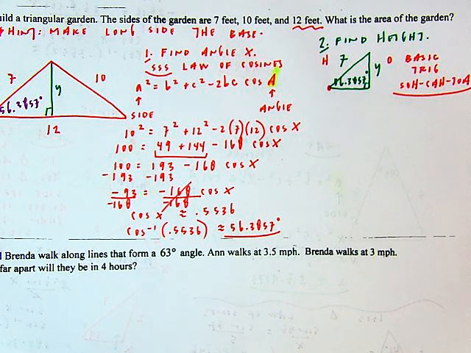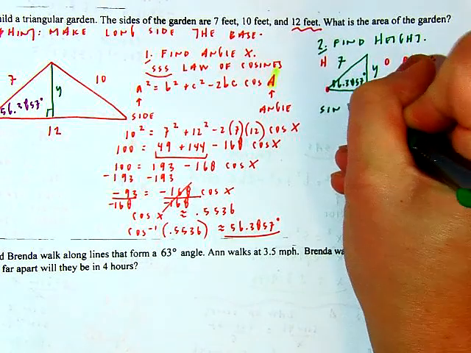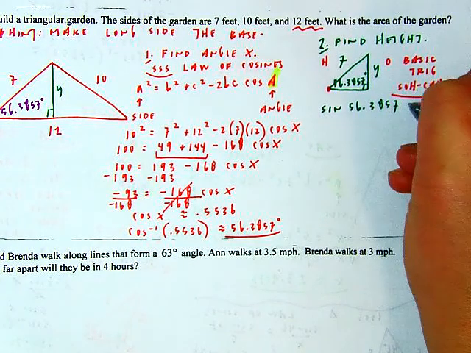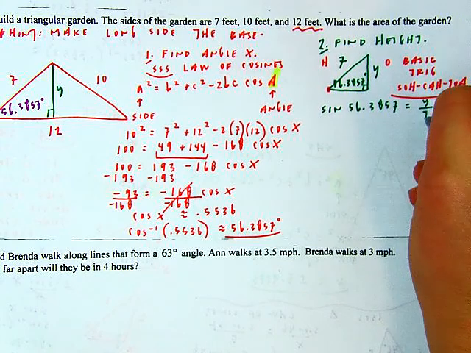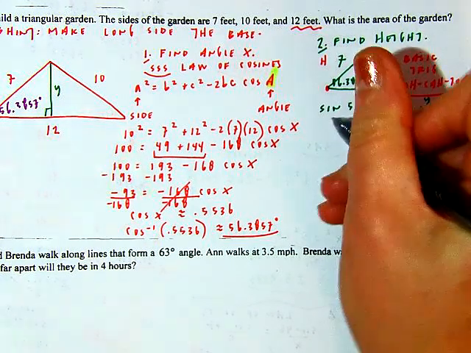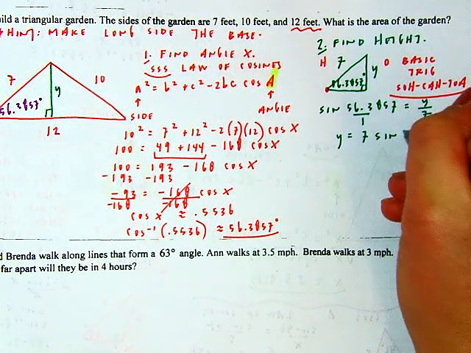So we know that we have sine because we have an opposite and a hypotenuse. So here I know that sine 56.3857 is equal to y over 7. I'm going to visualize that as a proportion, cross multiply, and y equals 7 times sine 56.3857.